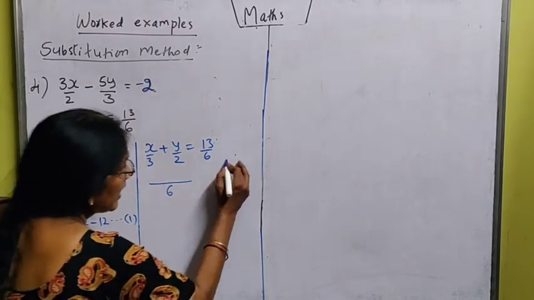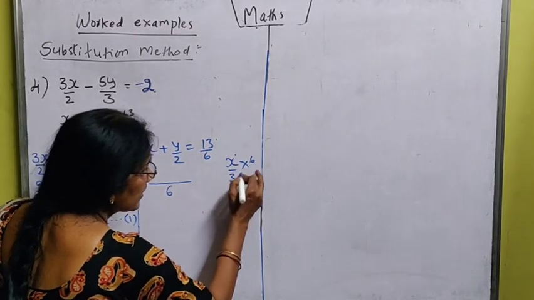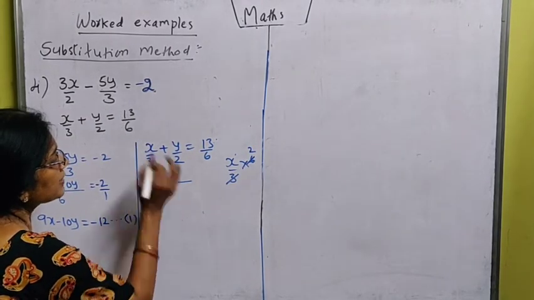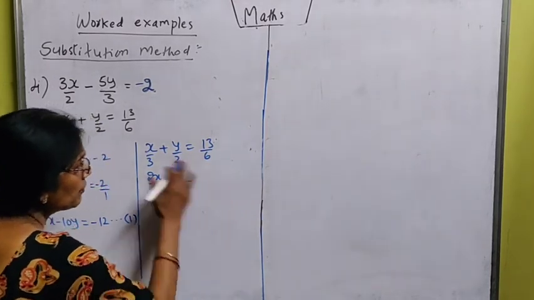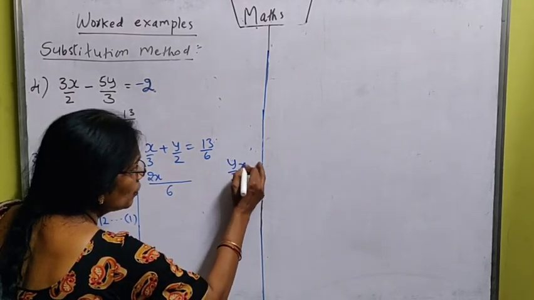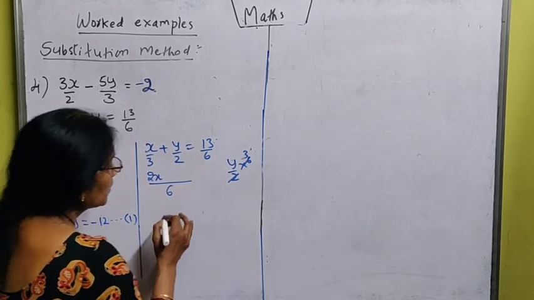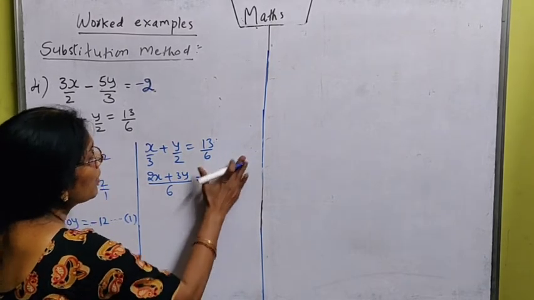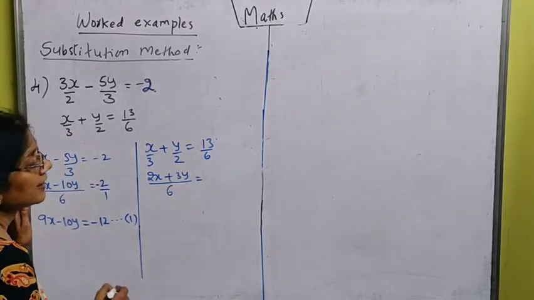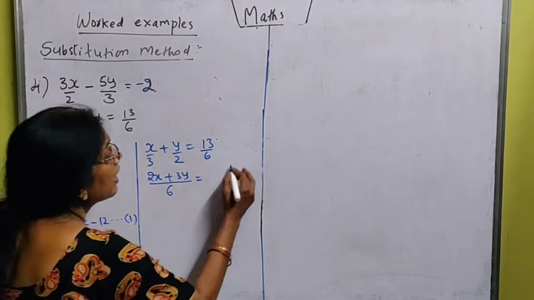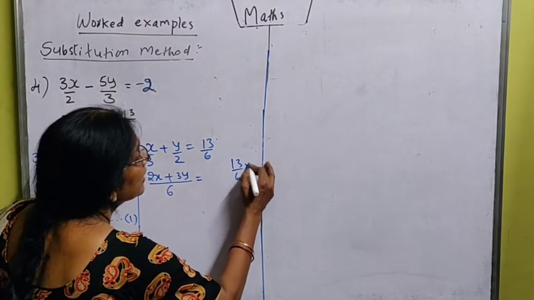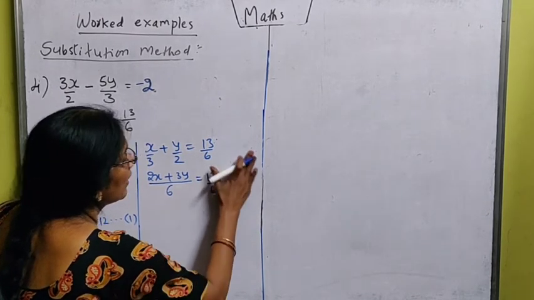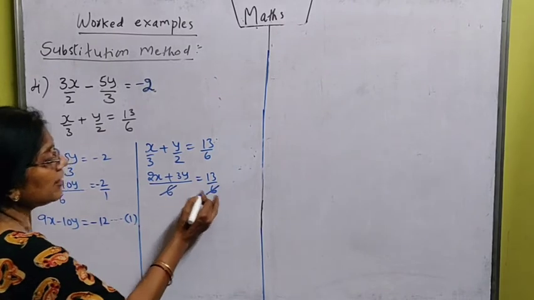So what shall we do? x/3 into 6: 3 1s are 3, 3 2s are 6, so I got 2x. Then the second fraction, y/2 into 6: 2 1s are 2, 2 3s are 6, so I got plus 3y is equal to 13/6 into 6. 6 1s are 6, so 6 and 6 will cancel.